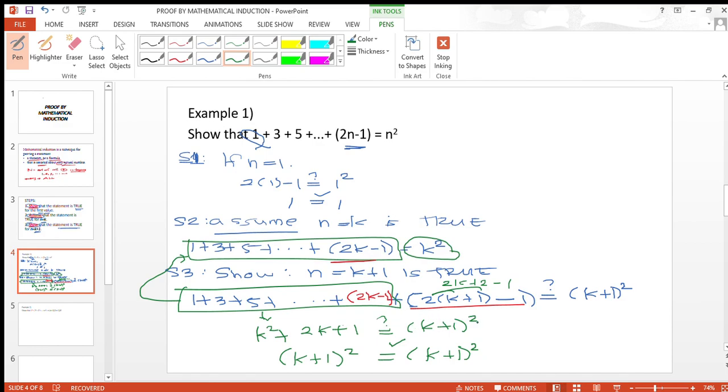You have a binomial raised to 2: square the first term, that's k squared, plus the product, k times 1 is k, times 2 is 2k, and then square the second term, 1 squared is 1. You get k squared plus 2k plus 1 as the expansion. So the left side is equal to the right side. Better still, we have the factored form of this. This is a perfect square trinomial.